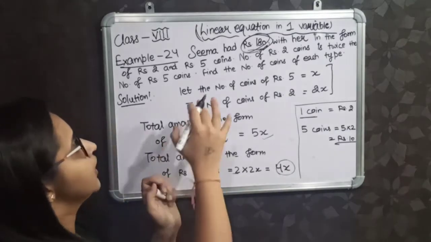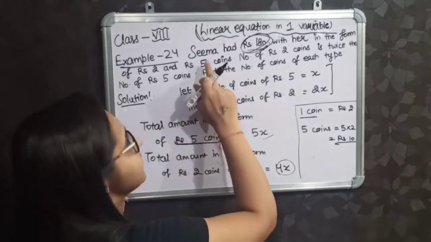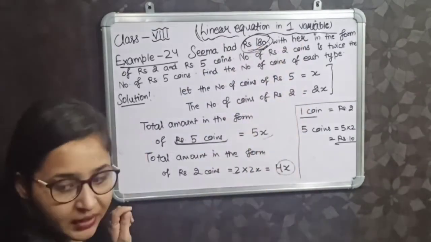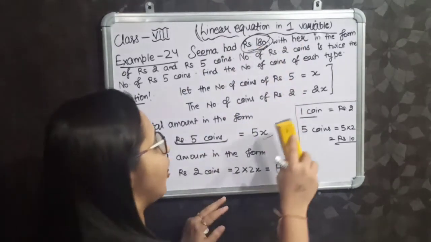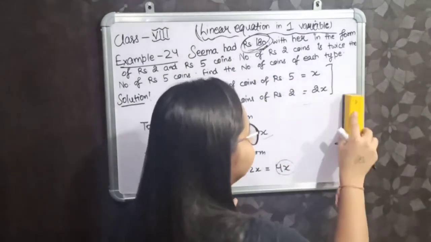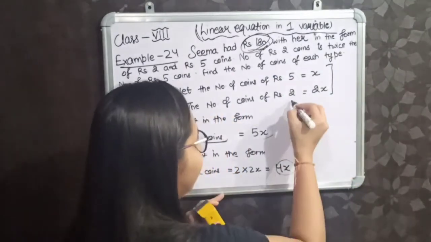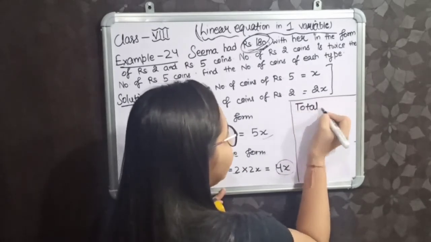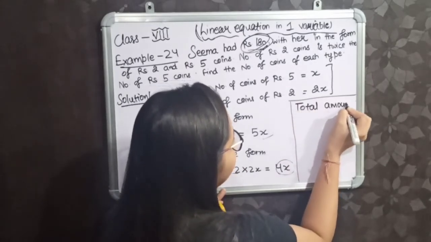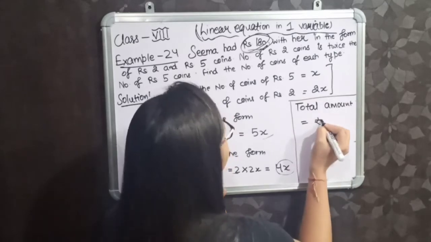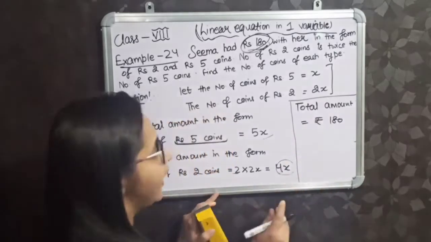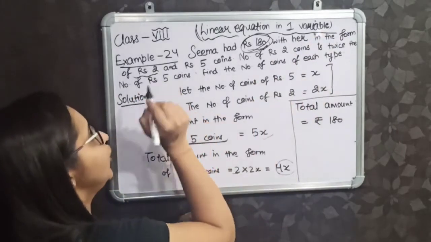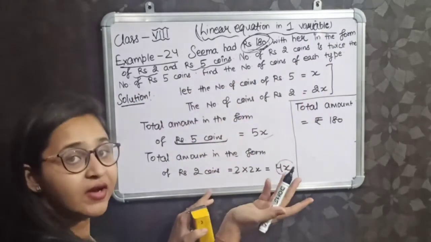Now come to the question again. It says that Seema had rupees 180 with her. It means your total amount is 180. I am writing here my total amount: the total amount is equal to rupees 180. And that total amount is in the form of rupee 2 coins and rupee 5 coins.